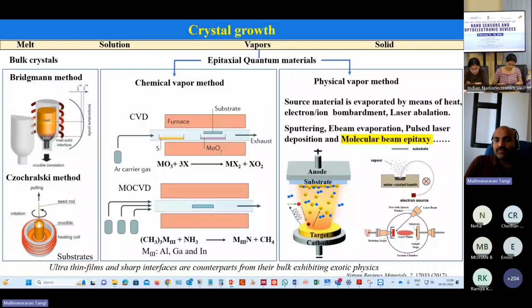The other is the physical vapor method, where we use heat, electron bombardment, laser ablation, or vaporization of metals. For example, sputtering, e-beam evaporation, pulsed laser deposition, and molecular beam epitaxy. My focus will be on molecular beam epitaxy, and how we use it to prepare these technologically important materials.